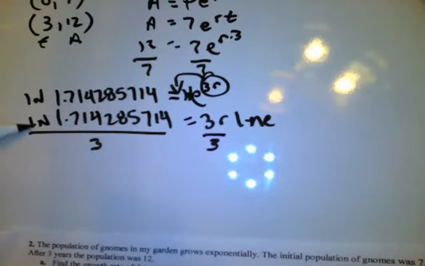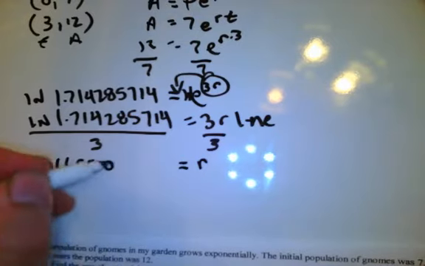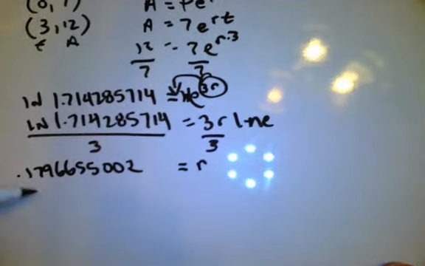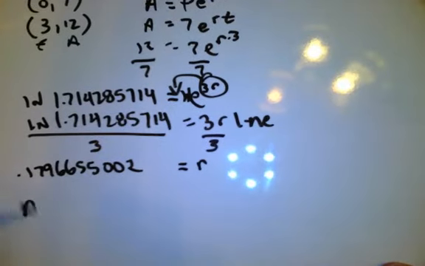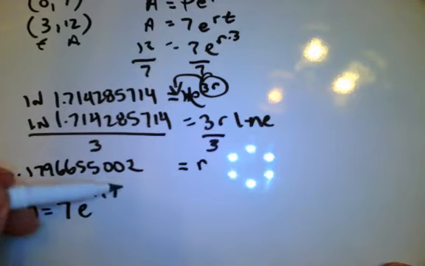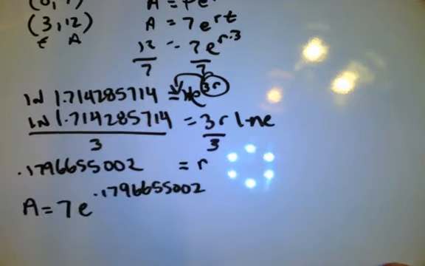So if I take the ln of this number, and then I divide that number by 3, I end up with a rate of 0.17966550002. Okay, so what would my model be then? Well, when I put it back in, I'll have A equals 7e to the 0.17966550002 t.